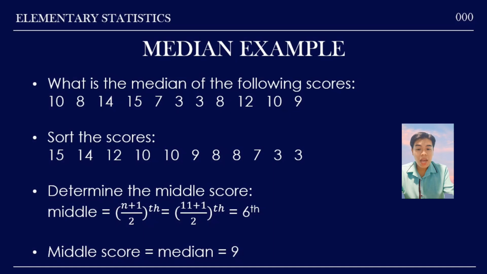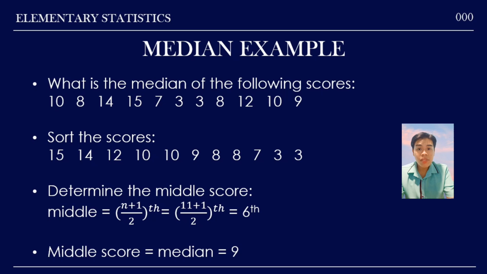For example, what is the median of the following scores? 10, 8, 14, 15, 7, 3, 3, 8, 12, 10, and 9. First, we have to sort the scores from highest to lowest, starting from 15 and down to 3. Then, we determine the middle score.